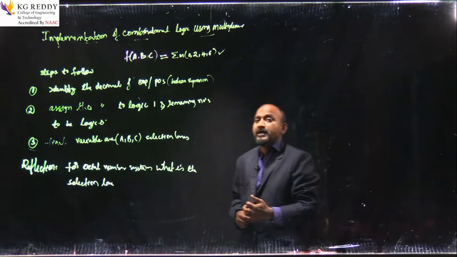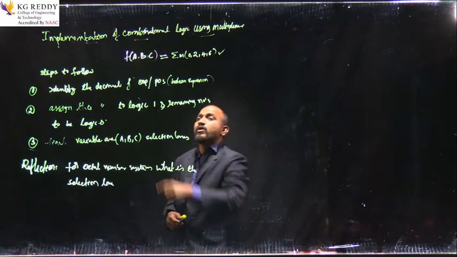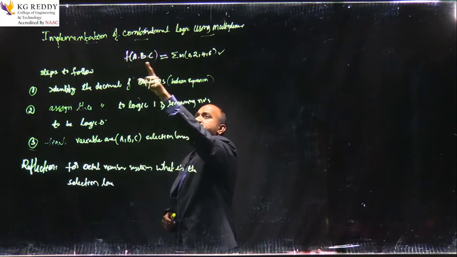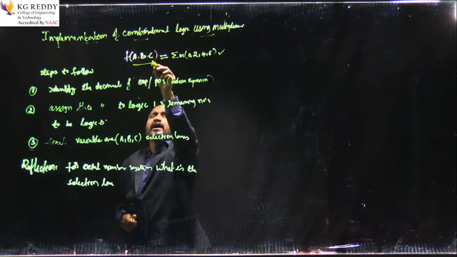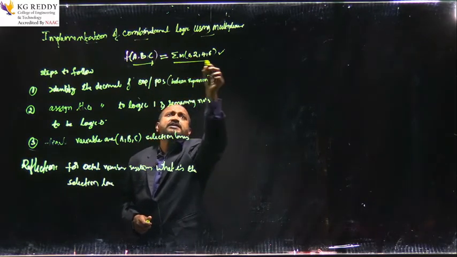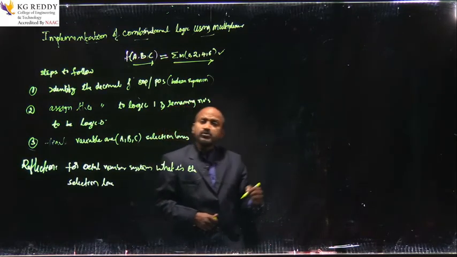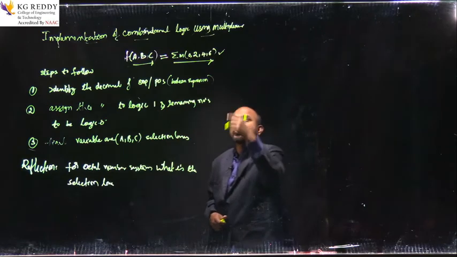The function f of a, b, c has 3 variables, and in the given expression the maximum number is 6. So up to 7 you can use the octal number system.